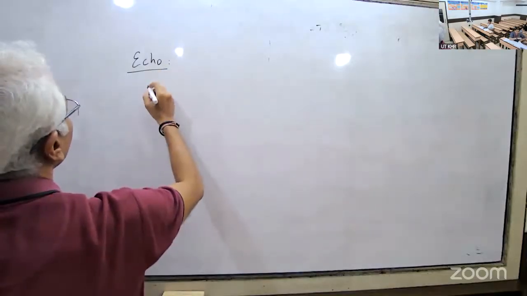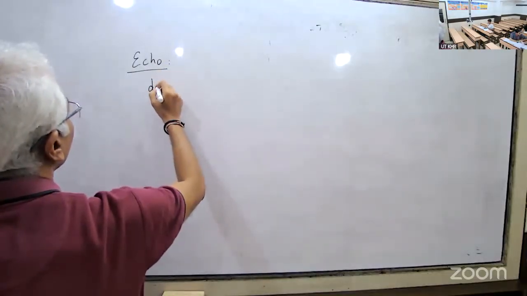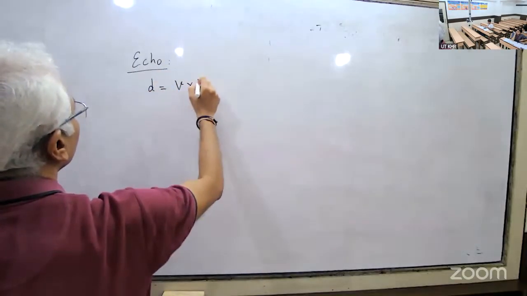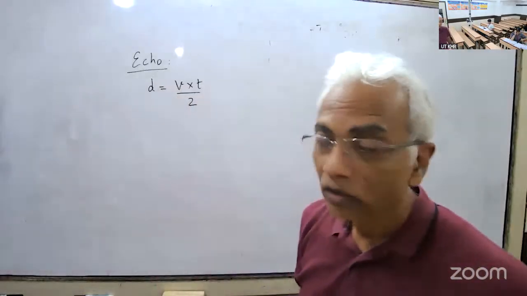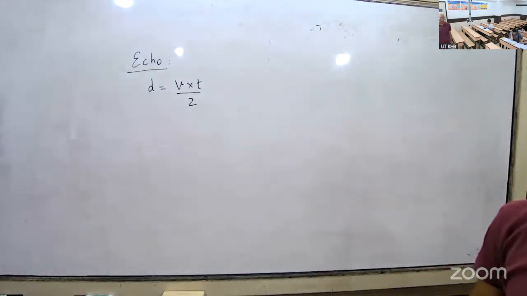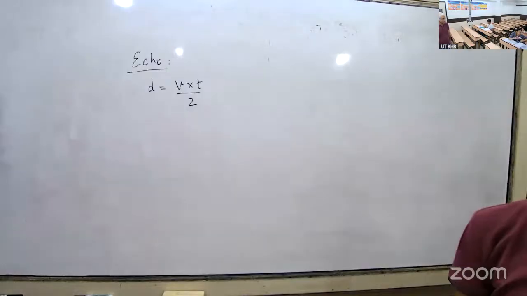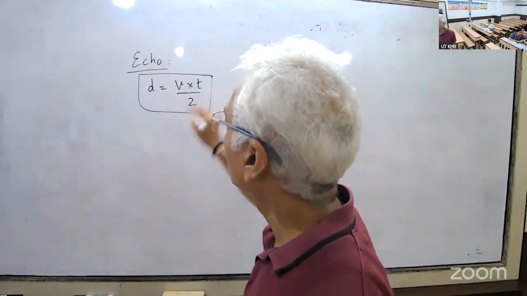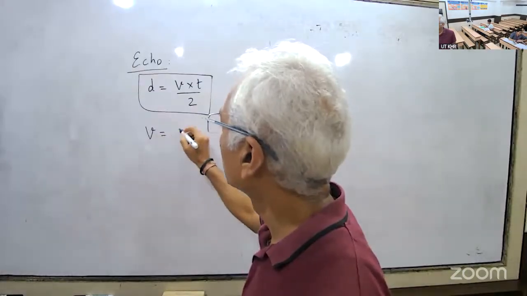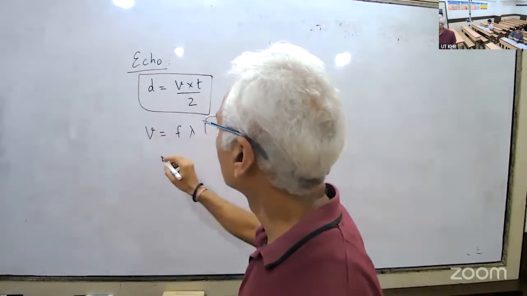So what is the formula? The minimum distance required for the echo is V into T by 2. Most of the questions you will do on this formula. Then V is equal to F lambda.